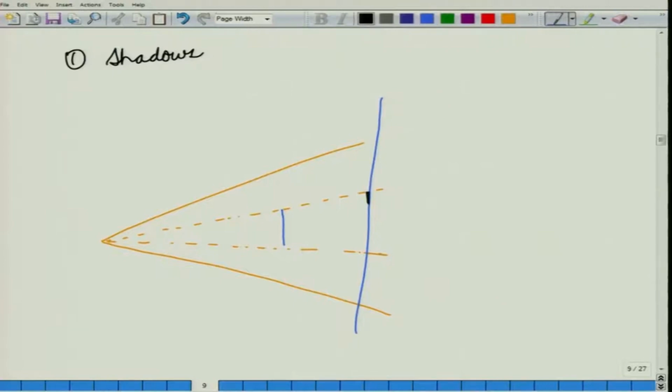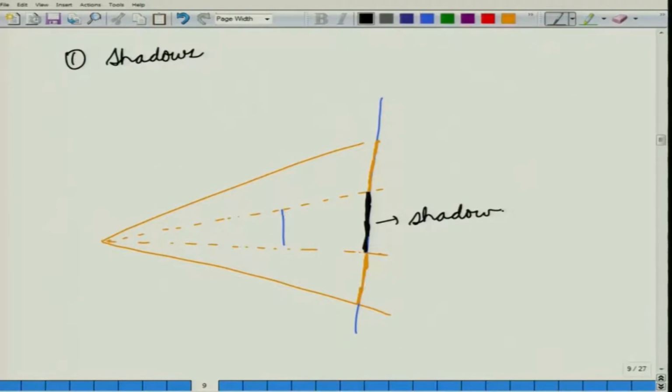So, this region would be black in color because it is not receiving any light from the source, whereas the top and the bottom portions would be illuminated. So, here we have a shadow.